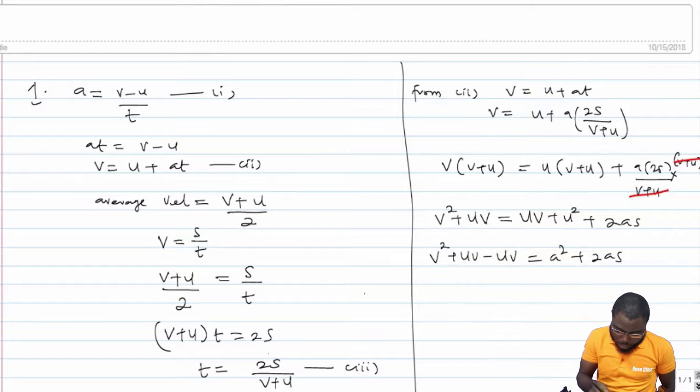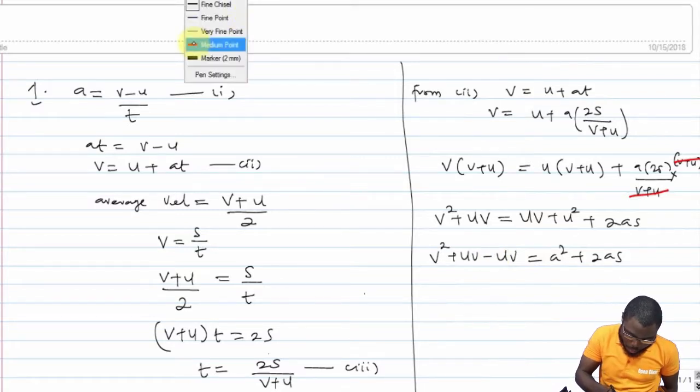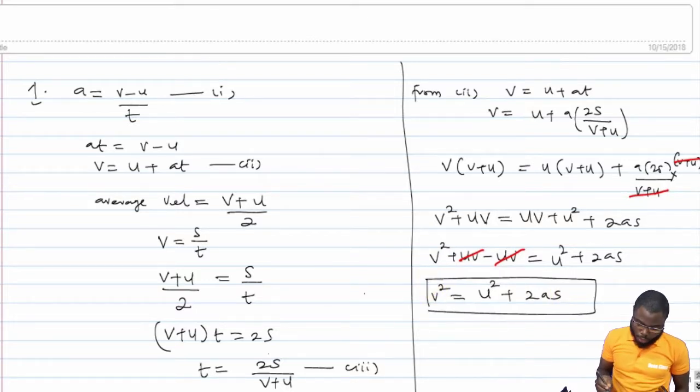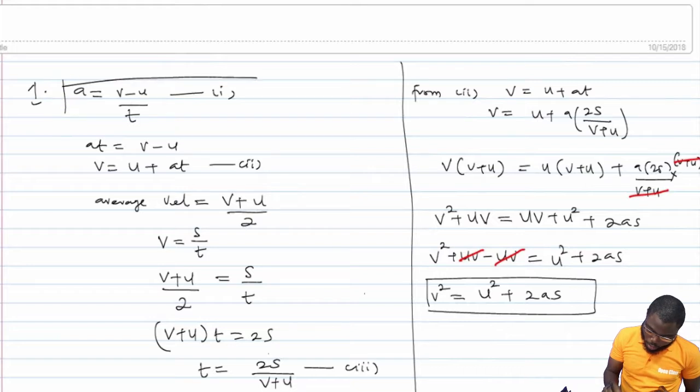You will agree with me that the same way this one negates this, then I will have V squared equals, sorry, this is supposed to be U squared, not A squared. I said it, but my mouth didn't get it. This is U squared. So we have U squared plus 2AS.